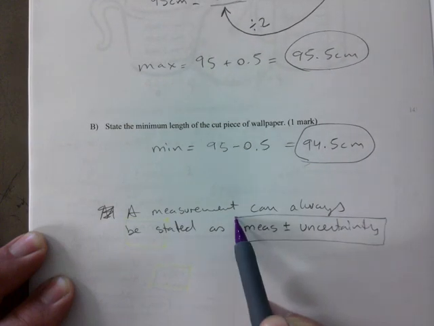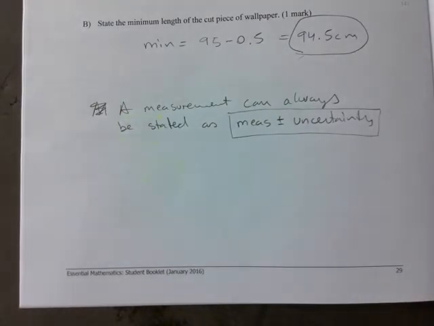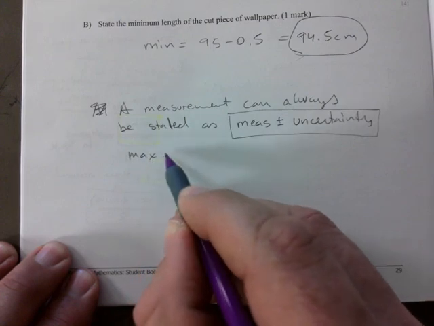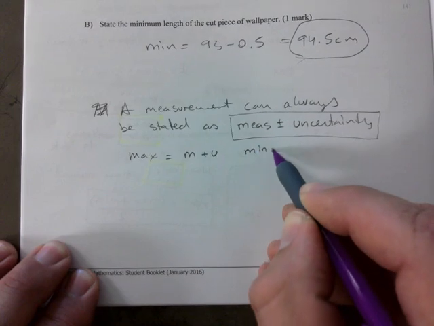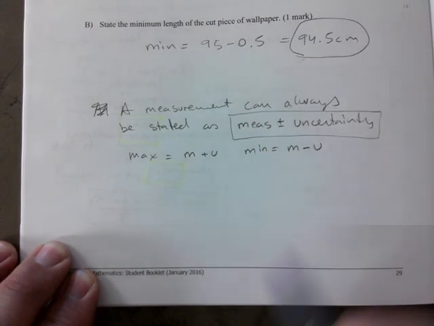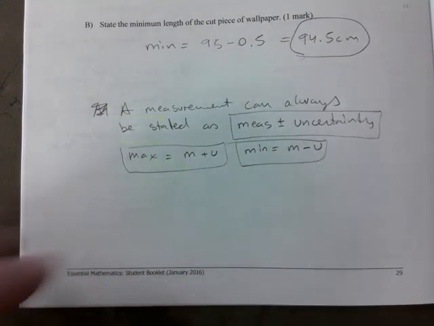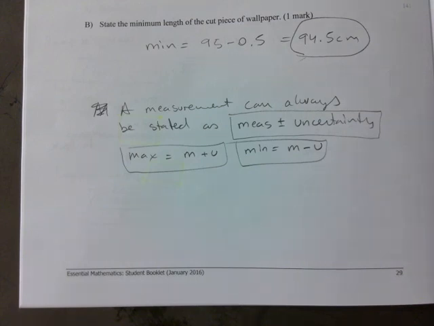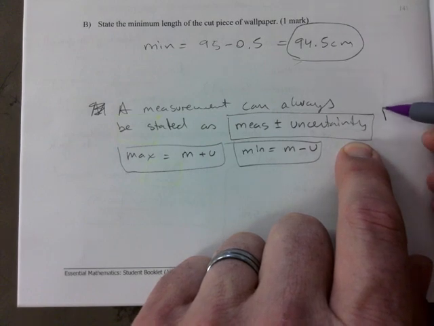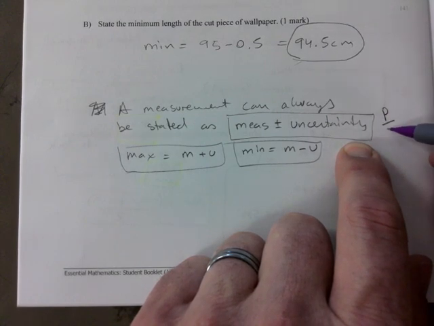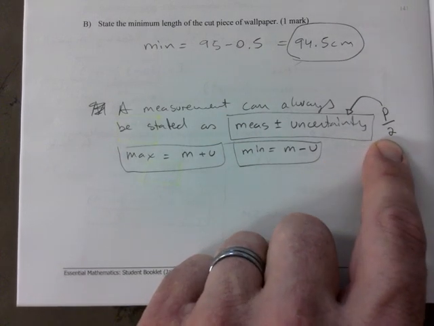Always. So the max is going to be measurement plus uncertainty. The min is going to be measurement minus uncertainty. That's probably worth adding to your study sheet. But just remember, how did I get that uncertainty? I went precision divided by 2 is what I plug into the uncertainty.